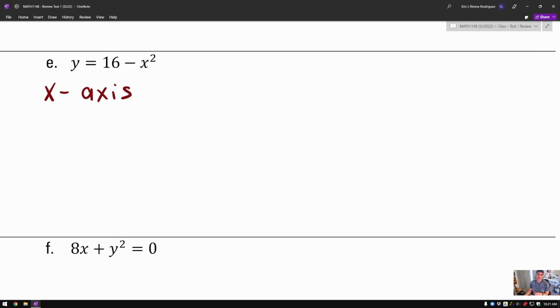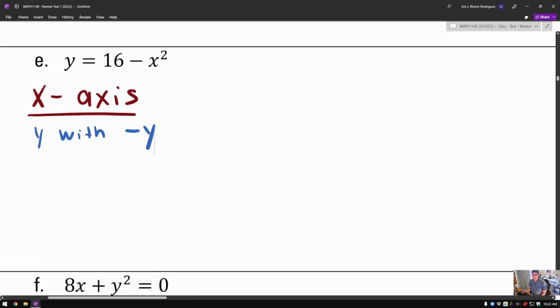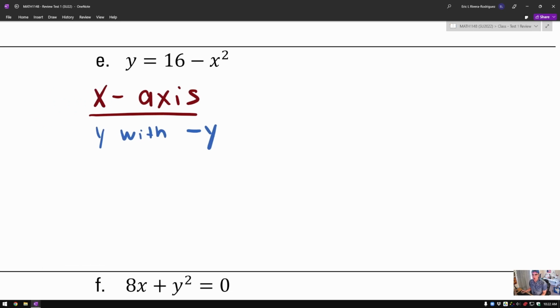If you are testing for the x-axis, what you are going to do is replace the variable y with minus y. That negative is saying that we are going to replace the variable y with its opposite value. The effect of that negative in front of the variable y is telling us its opposite value.